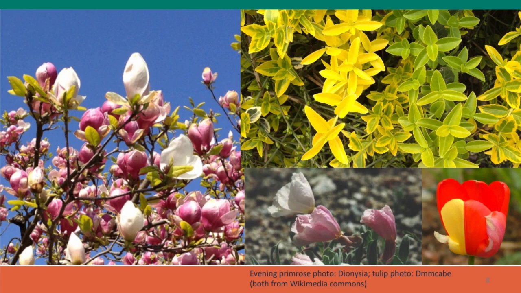Now I'm going to end with a couple of examples of somatic mutations that you might have seen around you but not recognize them for what they are. So on the left, we have some branches of a magnolia tree in bloom. And you can see most of the flowers in the background, they're all purple.